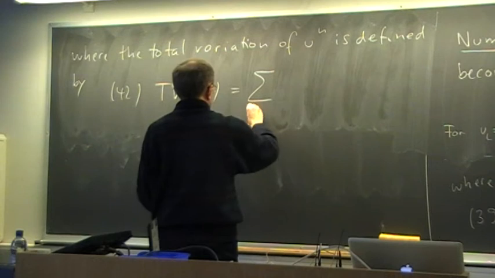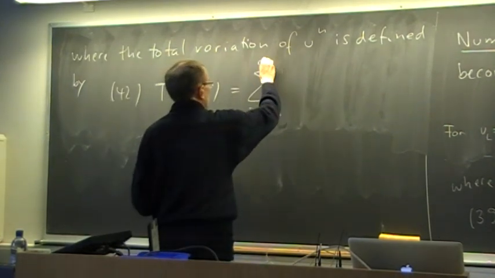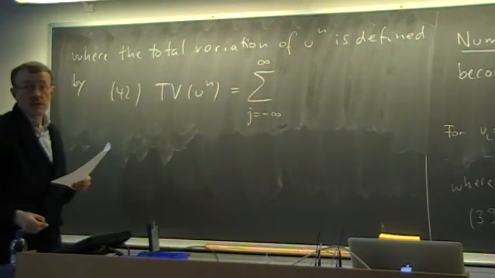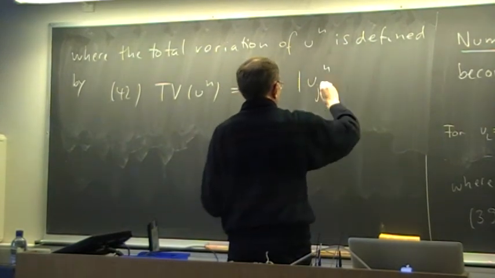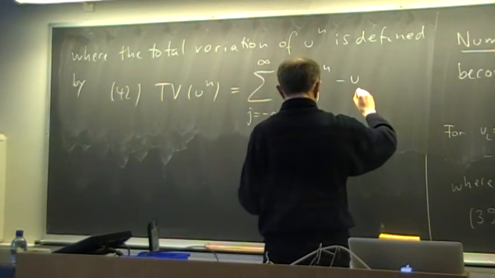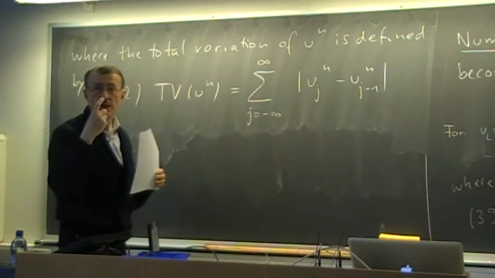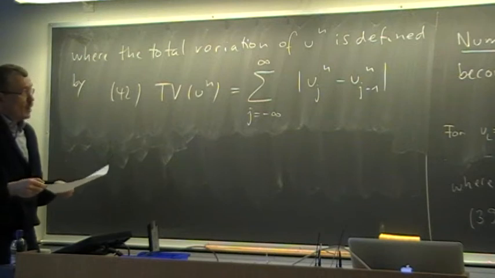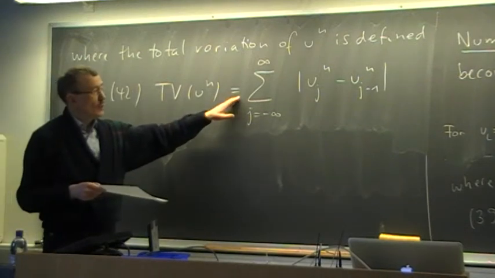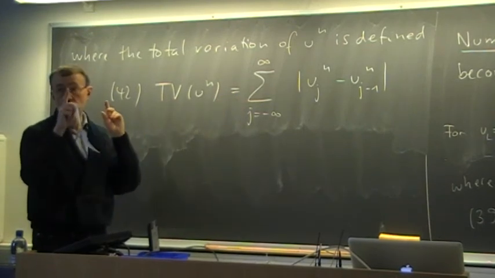Since it is defined for the complete R, we can go from minus infinity to plus infinity, where we take the difference from uj^n to the neighbor, j minus 1. So we look at the changes, and we take the sum of the absolute value of all changes. Usually we do this for a periodic problem, then we just have to check it for one period.